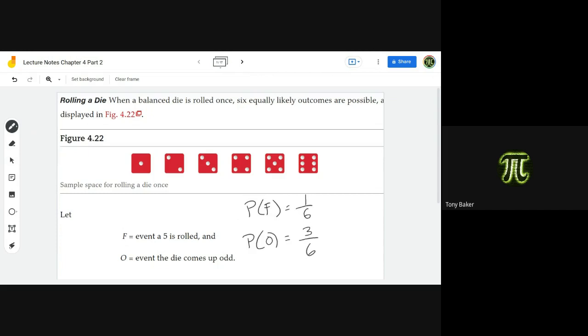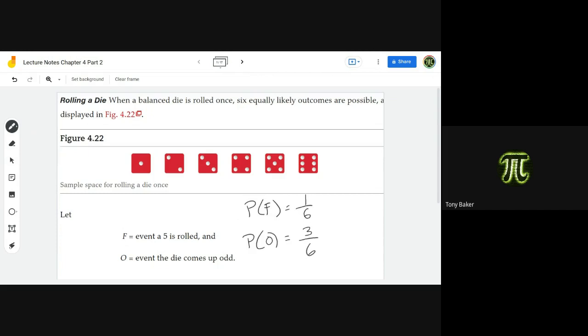What's the probability that a 5 is rolled given that the dice came up odd? Okay. You're right. What's the probability that a 5 is rolled if you know the dice came up odd?